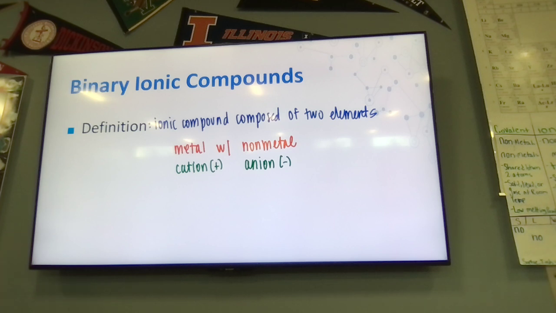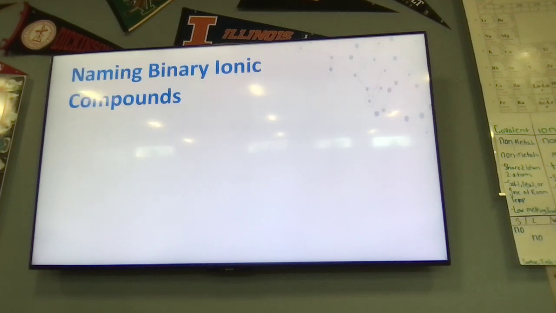All right, so first thing we're going to do is learn how to write their names. For naming, I give you the symbols. I tell you NaCl. I tell you CaCl2. I tell you Al2O3. And you're going to turn it into words.